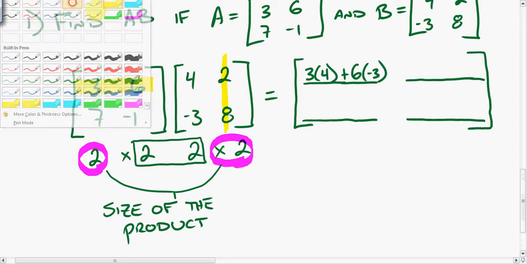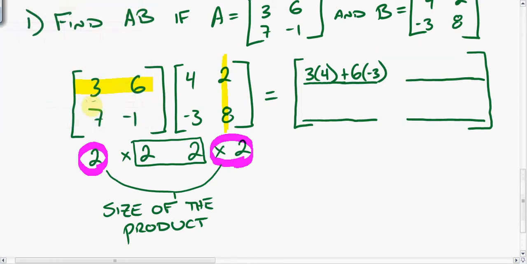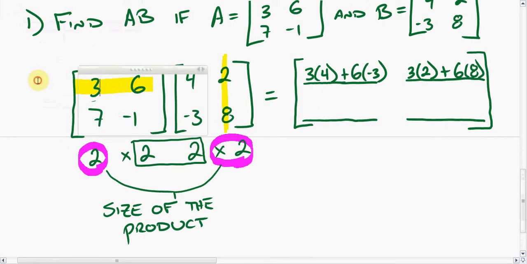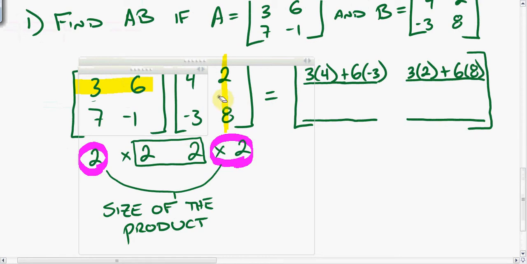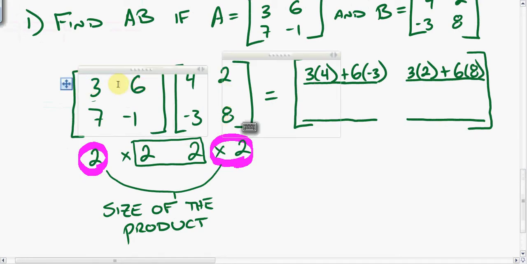So it's going to be 3 times 2 plus the product of 6 times 8, because it's first row, second column. Now let's go on to the next piece. Something's being goofy with the eraser, be patient with me.